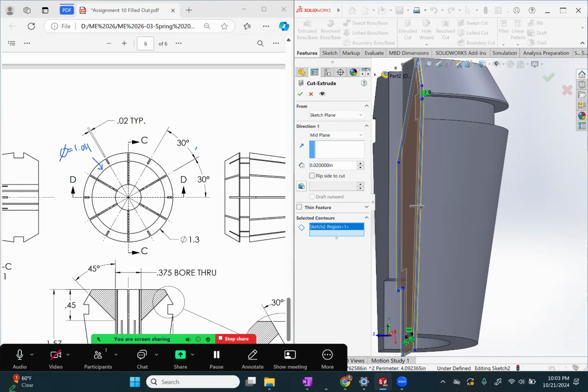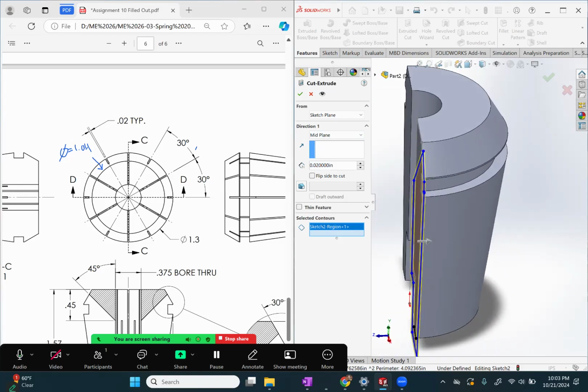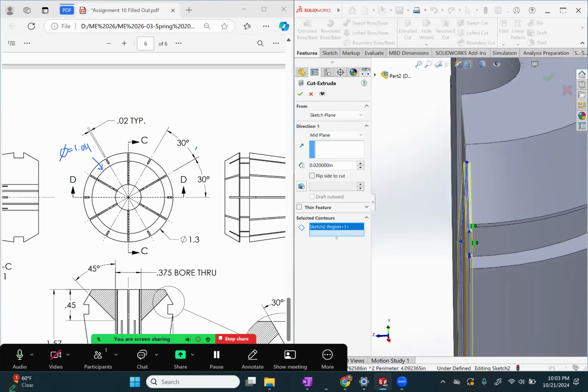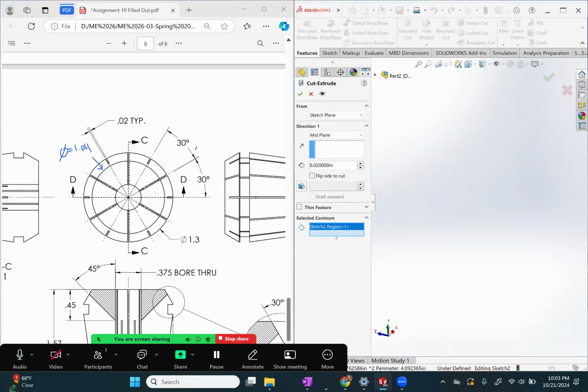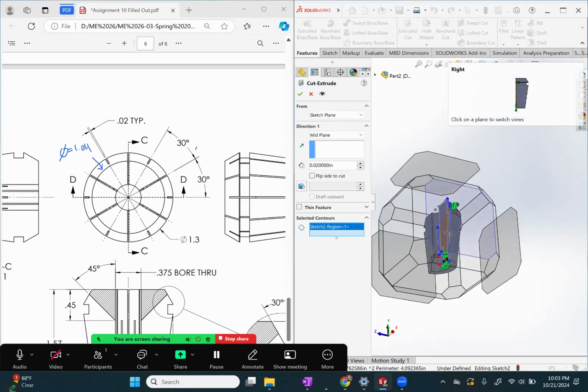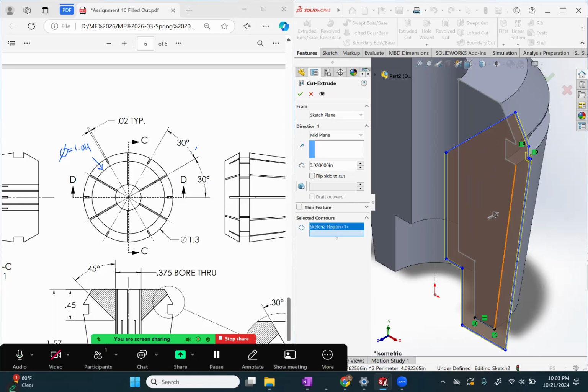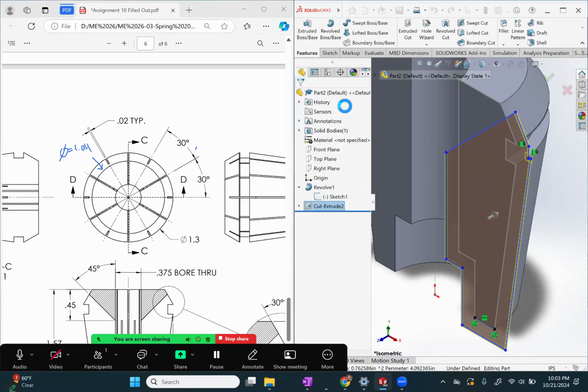It says midplane, but I don't see a second arrow. But by zooming in, I can see that it is cutting in both directions. Whoa, what happened? Got lost on accident. So I can't see it cutting in both directions. Maybe the reason I can't see it is because I have my section view, or I'm not sure.